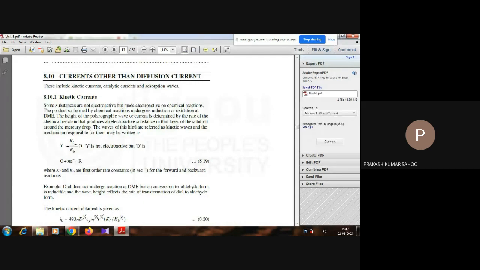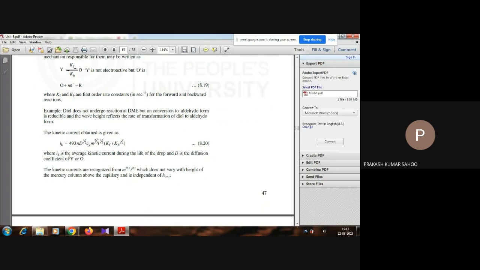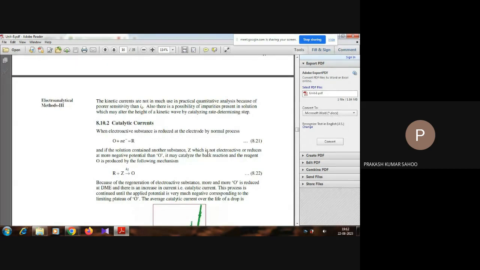Then, current other than diffusion current, we have kinetic current. That is related to the movement of the ions, and this will be equal to I kinetic equal to 493 n, this very long equation, D to the power 1 by 2, C, m to the power 2 by 3, t to the power 2 by 3, (kf by kb) to the power half. Then we have catalytic current, that is in presence of catalyst.